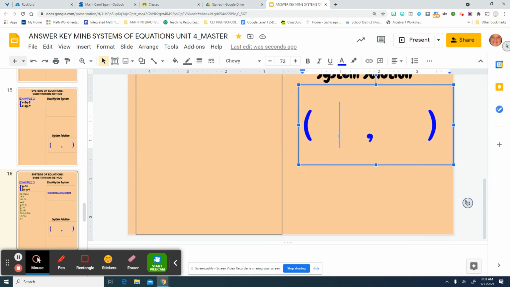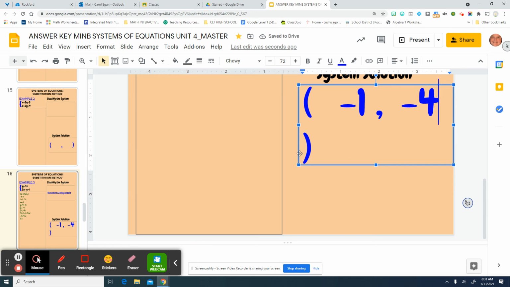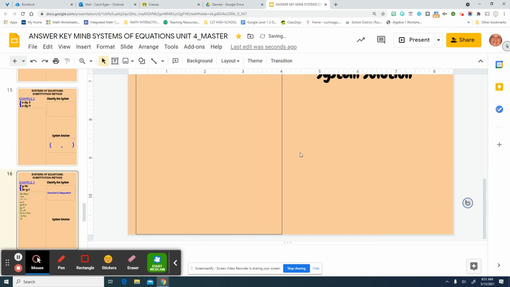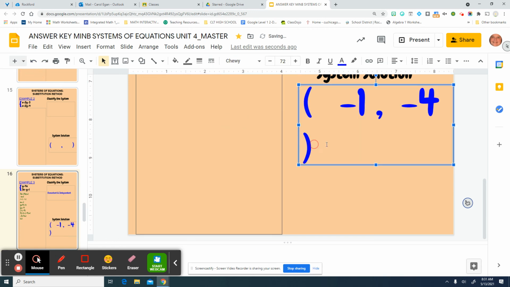Down below, we're going to have -1, -4. Ooh, that's not what I wanted, so we're going to undo that.